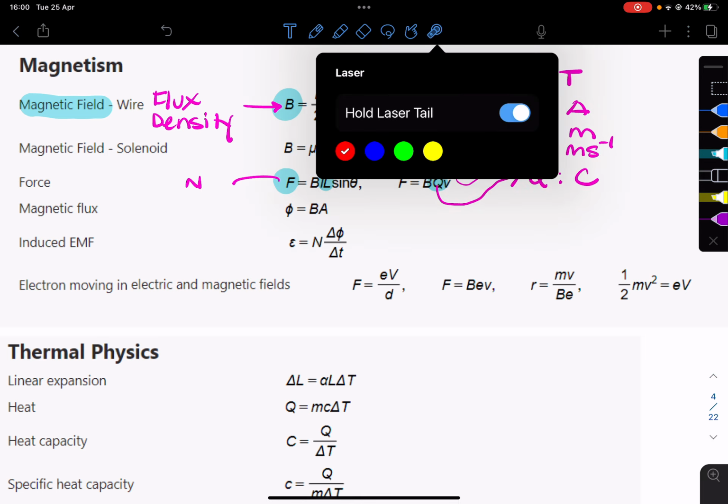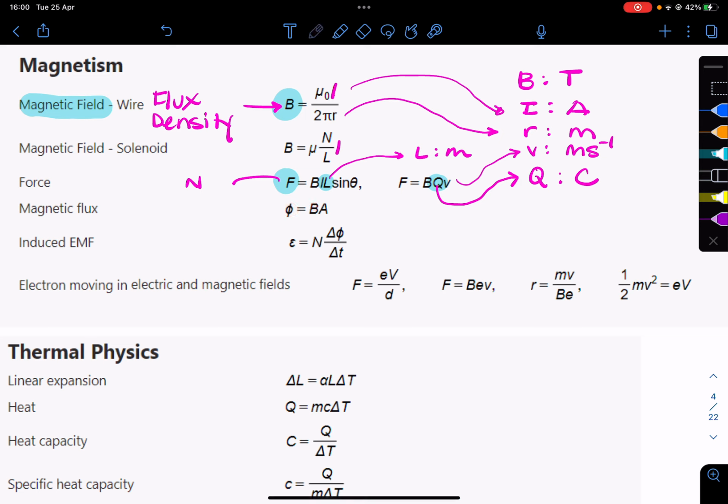Now phi is B multiplied by A, and that's called the flux. So when you see the word magnetic flux or just flux, that's phi, and the unit for phi is either Weber or Tesla meter squared. So this has two units, not per meter squared, sorry, Tesla meter squared.